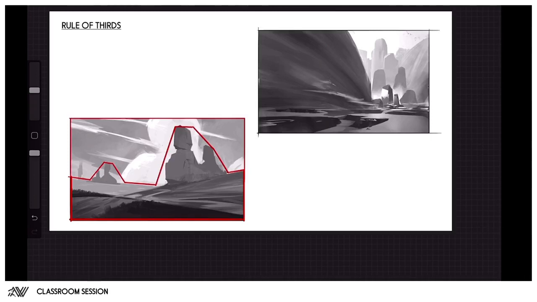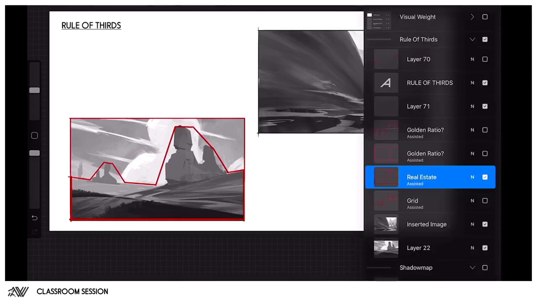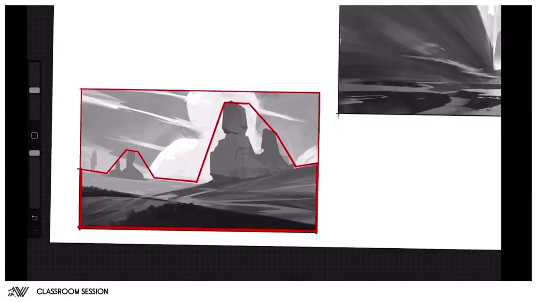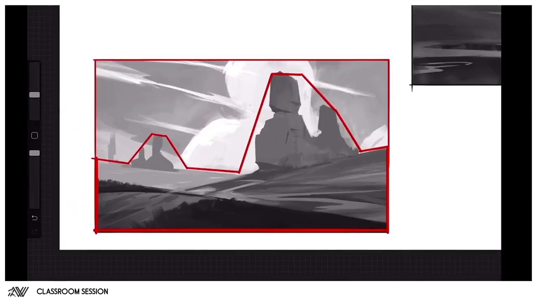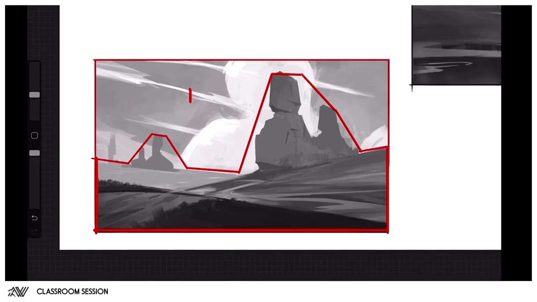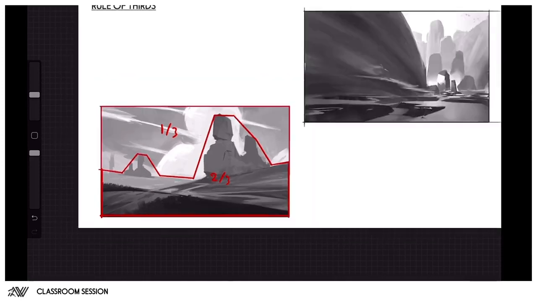And what I mean by that is, as you can see in the example that I have right now, following that rule of thirds, 1/3 of my canvas is sky, and 2/3 of my canvas is land mass and rocks, right?